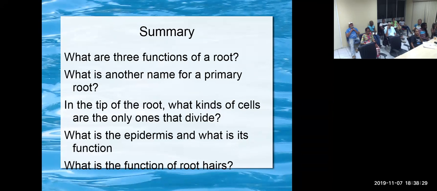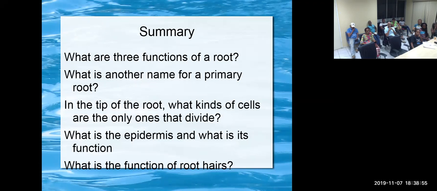What's the epidermis? What does it do? Skin? It protects the root. It absorbs water, absorbs nutrients, and it grows root hairs. Anything else? Sounds pretty good to me.